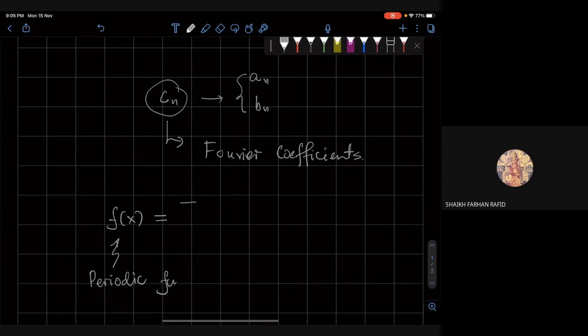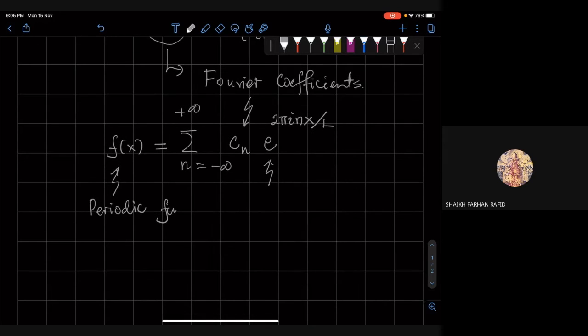When you Fourier analyze it, you're expressing it in terms of some basis functions, which are e to the power 2 pi i n x over L. But the magic sauce is how much of each function do you include in this linear combination. That is determined by the coefficients, the Fourier coefficients.